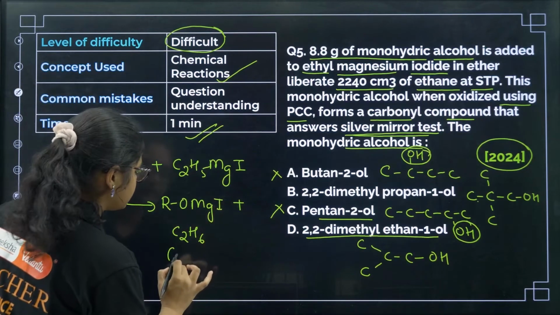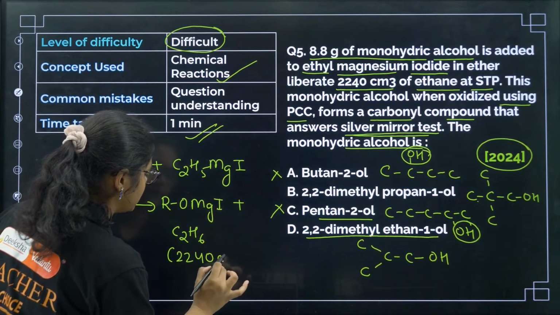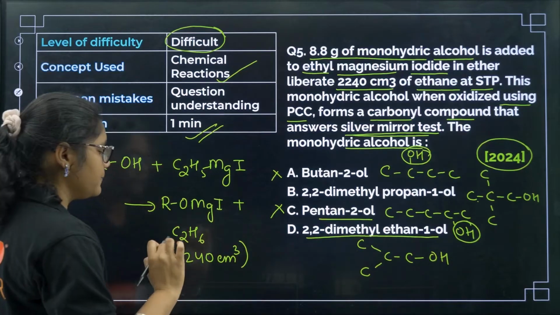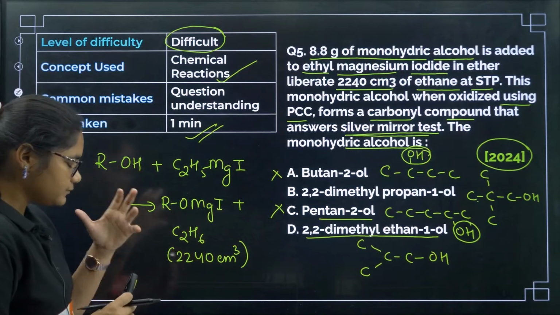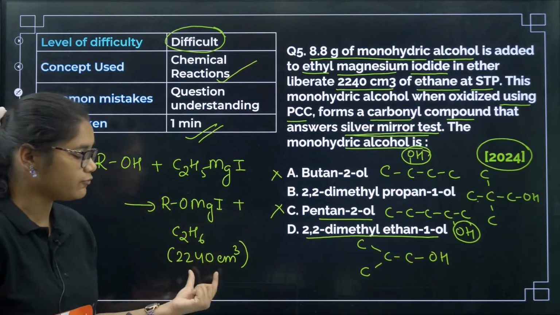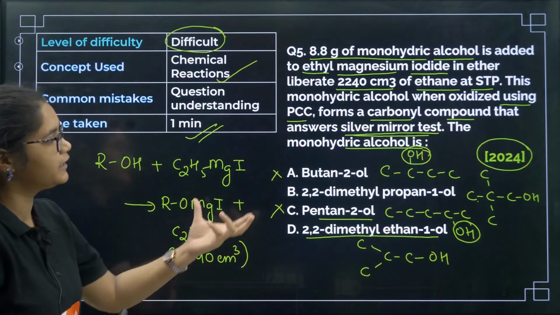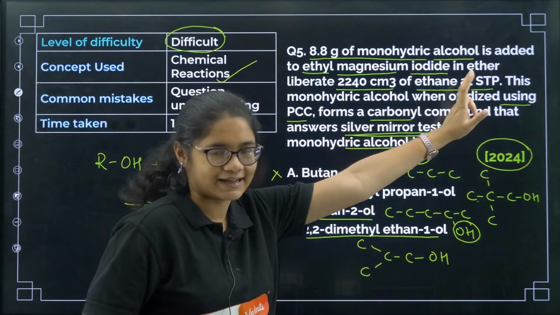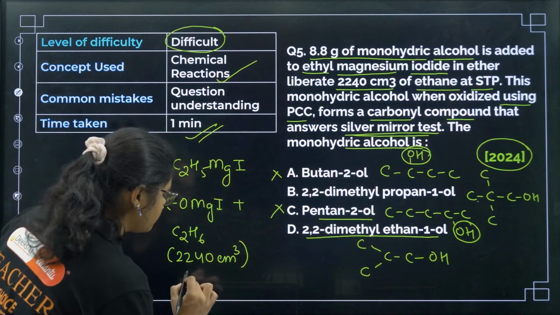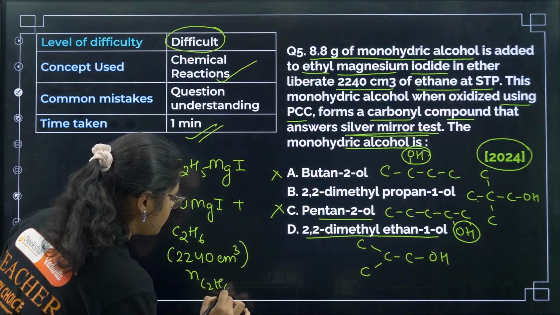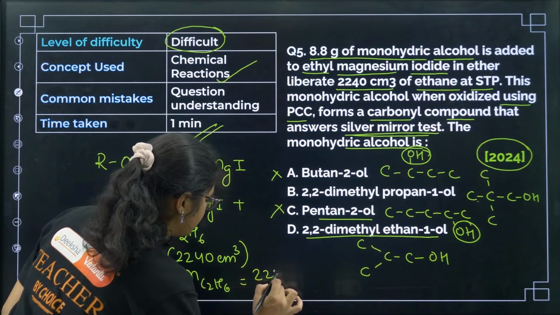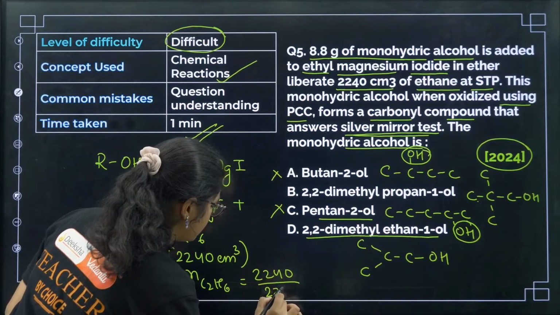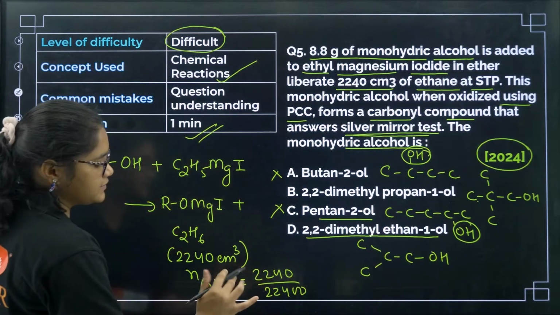Now here this is 2240 cm cube. What does this tell me? 2240 cm cube, I can convert it into number of moles because it is at STP. So what is the number of moles of ethane? Given volume by molar volume. So 2240 by 22,400, that is the STP volume.